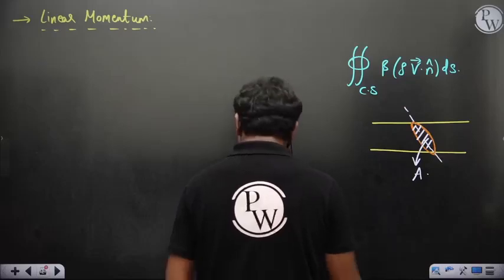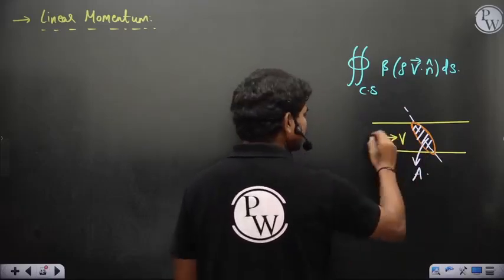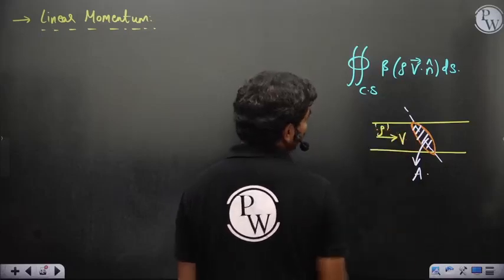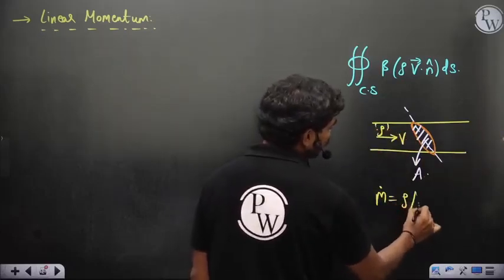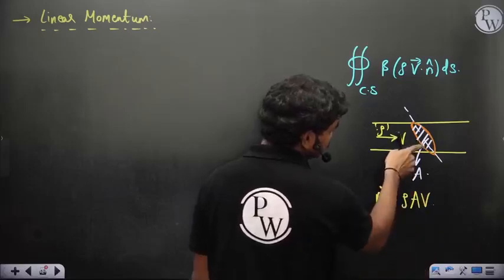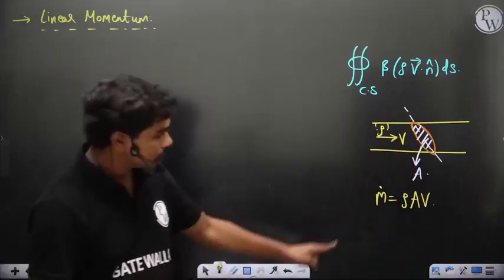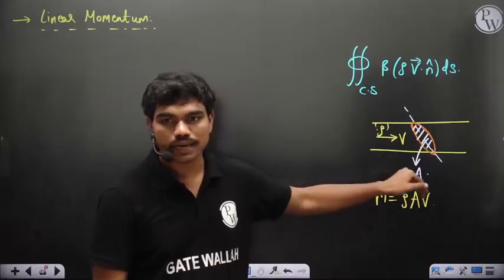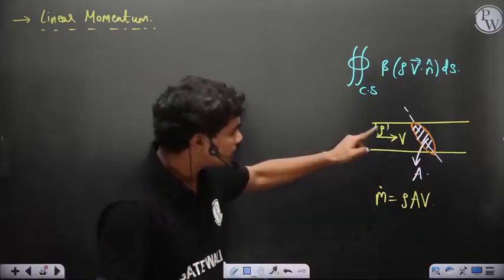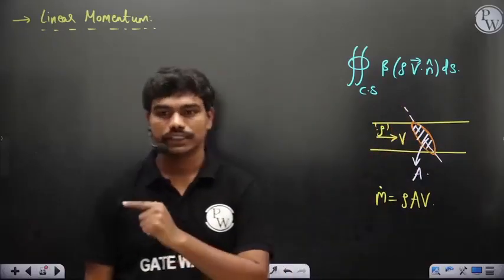Okay, and the flow velocity in this direction is v and density is rho, constant because it is an incompressible flow. Then can I write mass is equal to rho A v taking this area and this velocity? Can I write m dot, the mass crossing this surface, is equal to rho A v, such that this A is not straight but slanted and v is actually in this direction?